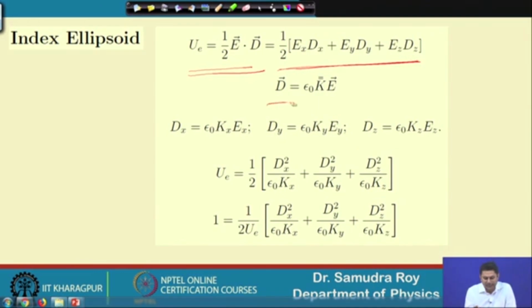Now, D and E are related like this. If K, a matrix, which I have used several times, is diagonalized, then Dx, Ex, Dy, Ey and Dz, Ez have a relationship like this.